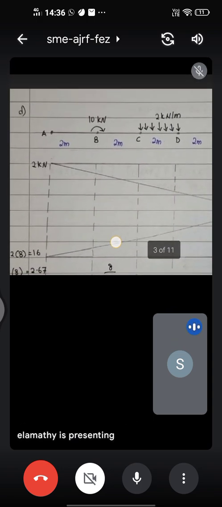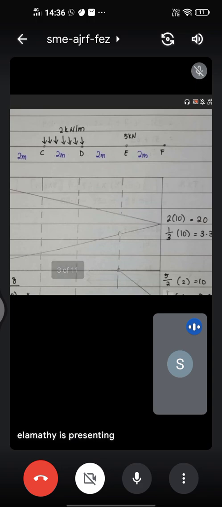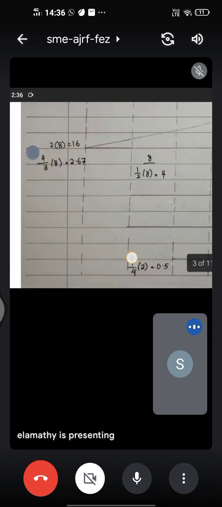Then we'll go for D, and this will be the diagram. Scroll down please.